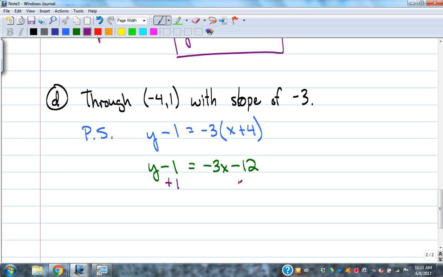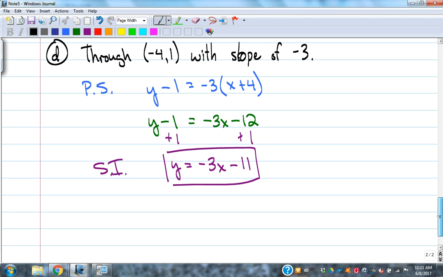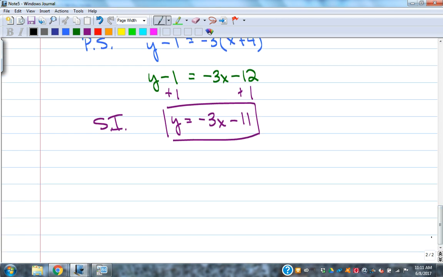Just add 1. So there's y is equal to -3x minus 11. And there you are in slope-intercept form. Okay. Not too bad. Pretty easy. Again, that point-slope form is the key to it all.